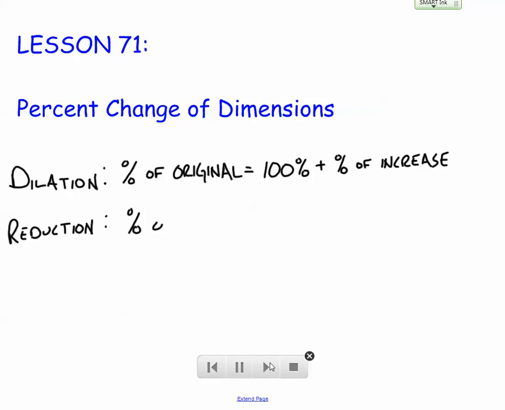And on a reduction, the percent of the original would be 100% minus the percent of decrease. All right, so let's get into some examples, and you'll see what I mean here.